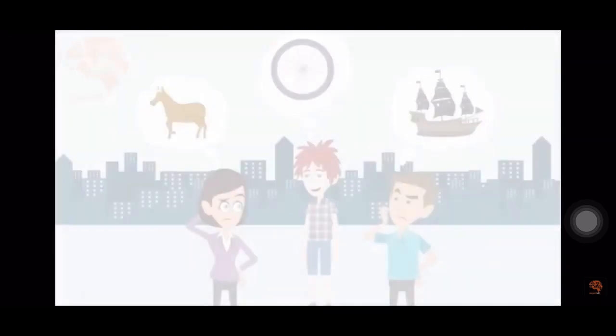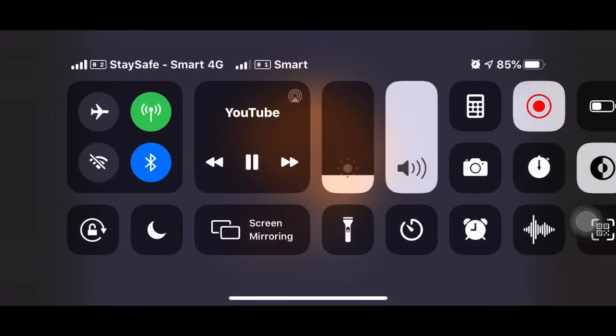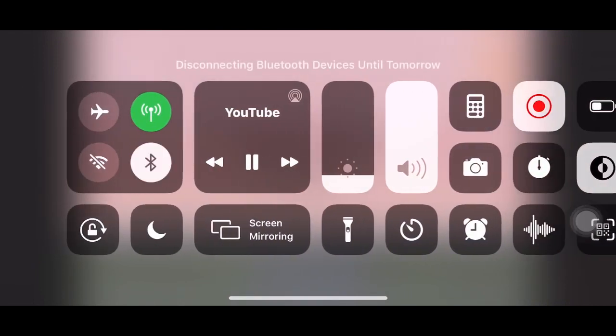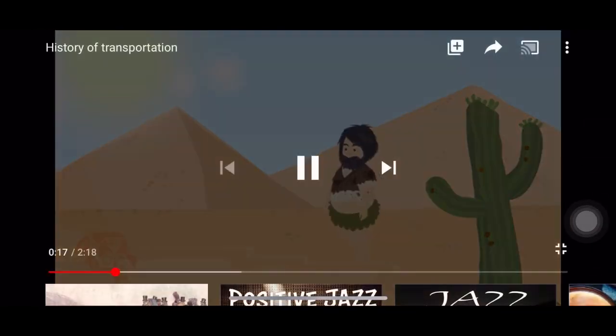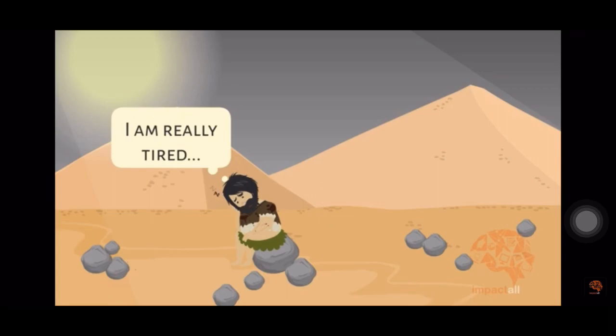Wait. Have you ever tried to know how people used to travel in the past? Long ago, people did not have any means of transport. They used to move only on foot and carry goods either on their back or using animals. Their journey was long and tiring.